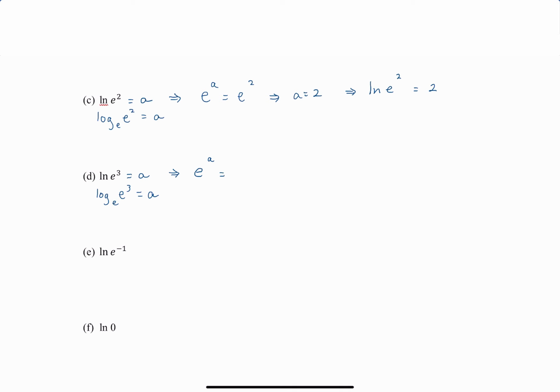The exponent is the thing the log is equal to, the base is e. What's the answer I get when I use a as an exponent? This is saying I get e cubed. So a has to be 3, and since a was just my answer to what is ln of e cubed, that tells us ln of e cubed is 3.